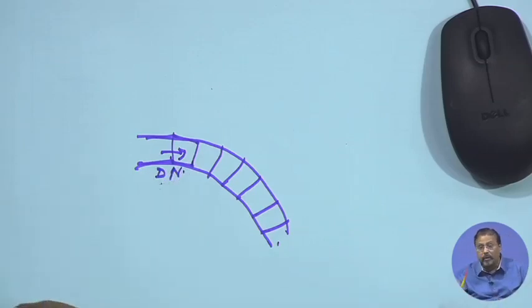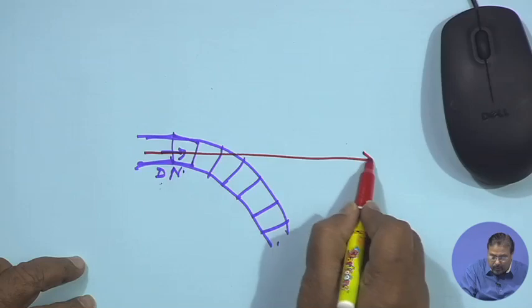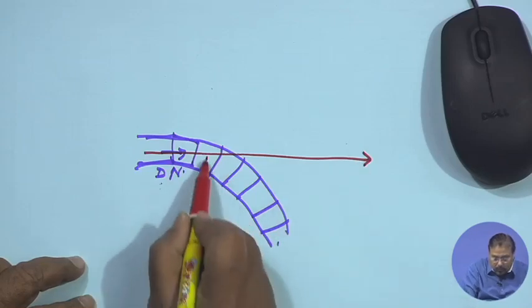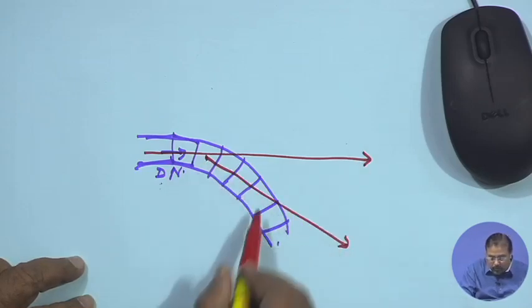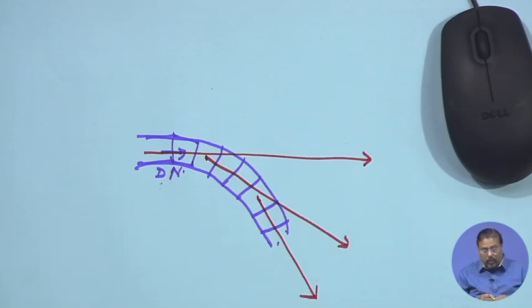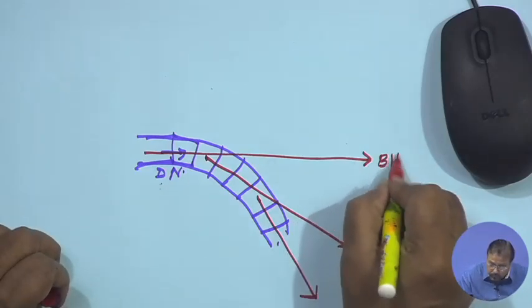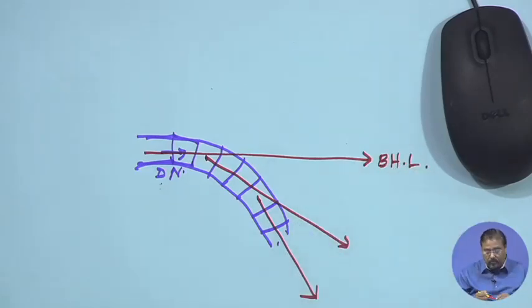Initially, with my red color, I will draw the body heading line. At this particular point, the body heading line is this. At this particular point, the body heading line is this. I think it is clear. It is the BH line, body heading line.